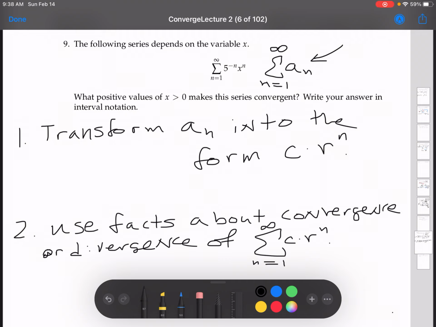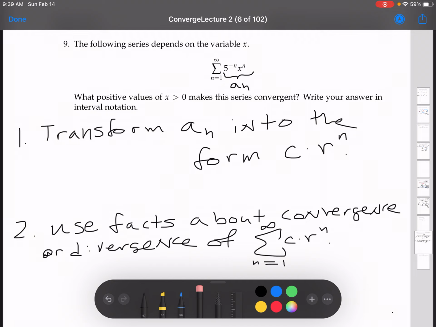The a_n in this problem is this right here. So step 1 is to turn a_n into the form c times r to the n. If you don't understand what I just said, no big deal. Just remember that a_n is the rule that we put 1 into, and then add that to the rule with 2 in it, and then the rule with 3 in it, and we just do that forever.